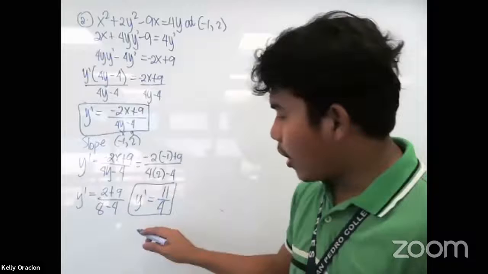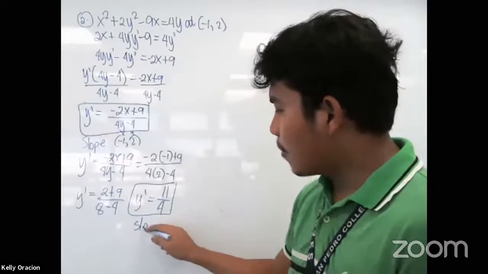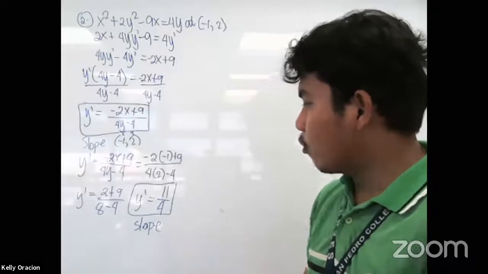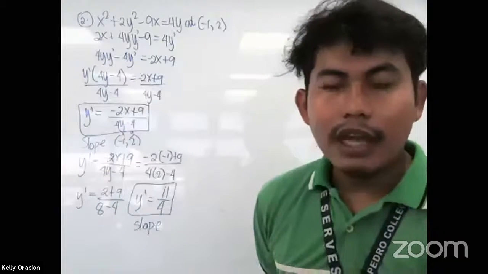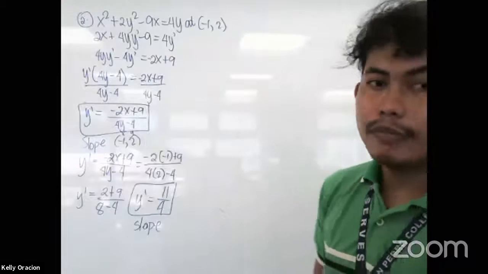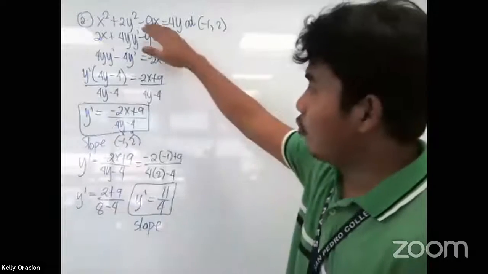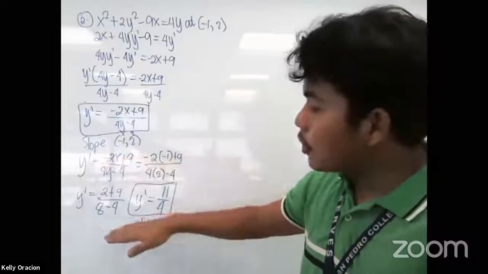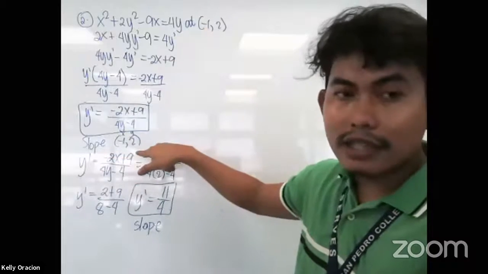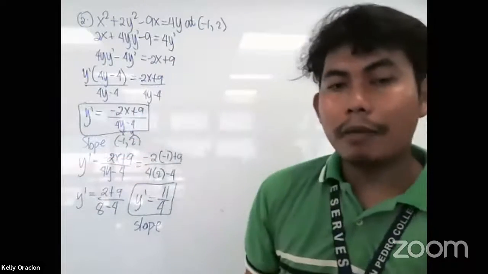The value of our y prime is 11 over 4, and the slope is 11 over 4 also. Okay? That is our slope. So, again, kunin mo na yung y prime mo. Then pagkatapos, to find the slope, substitute the value of your point, the x and y, to our y prime para makuha yung slope.